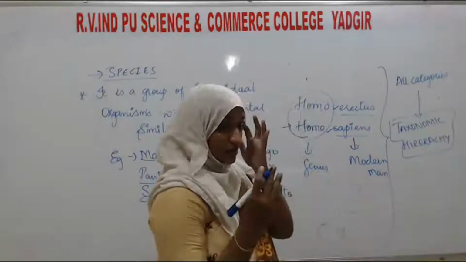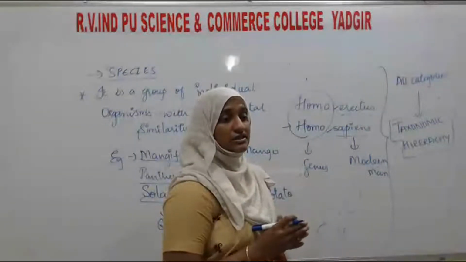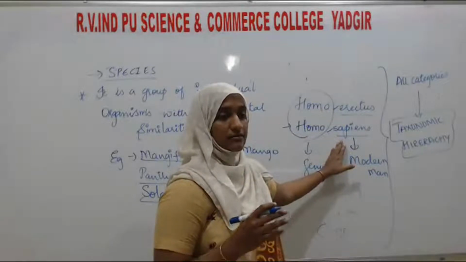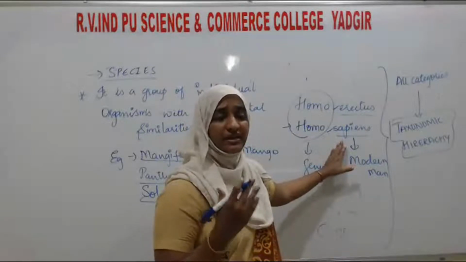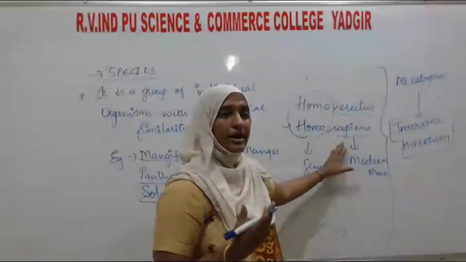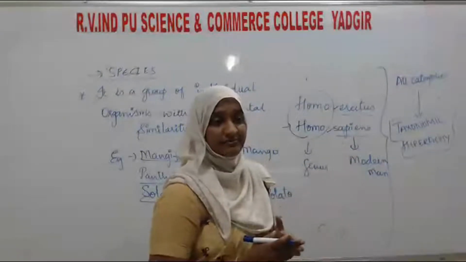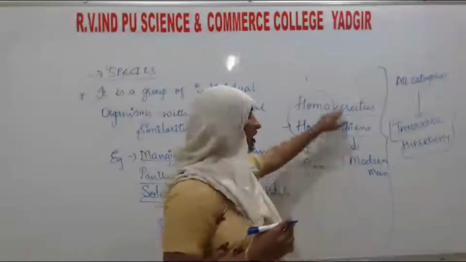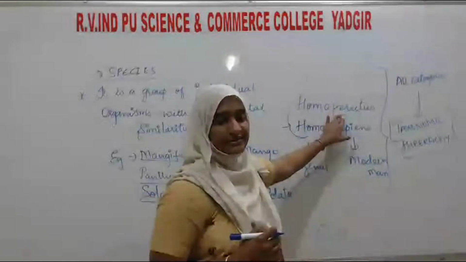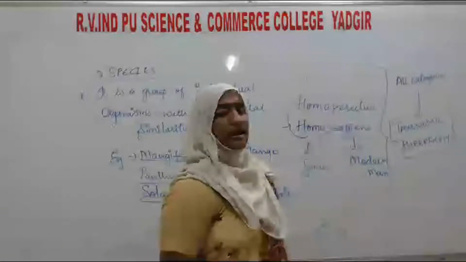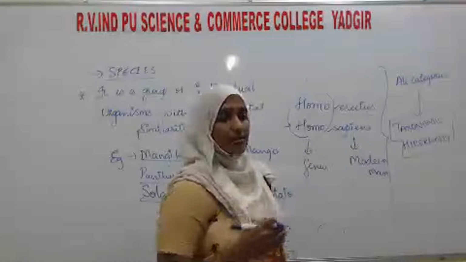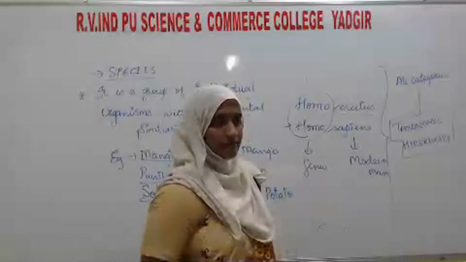In evolution, you studied in 10th standard that modern man means one whose brain capacity is more, who has well developed skills, and all that. Some characters do not match with Homo erectus. Homo erectus means their back is erect, and that man is not a modern man.